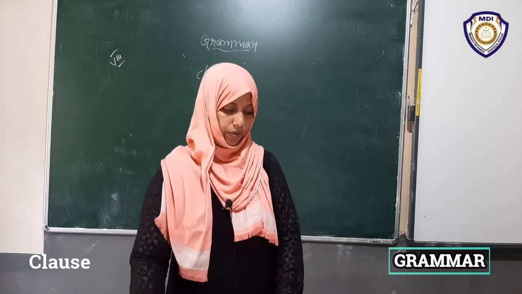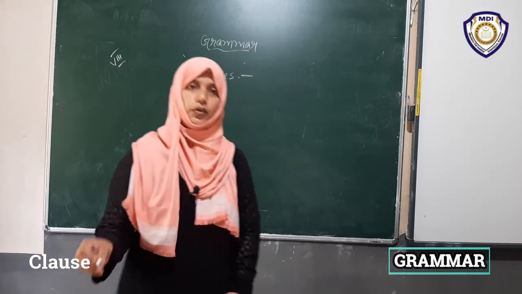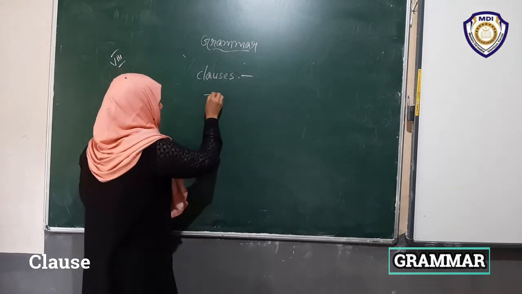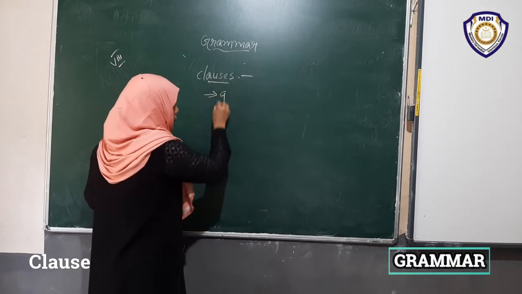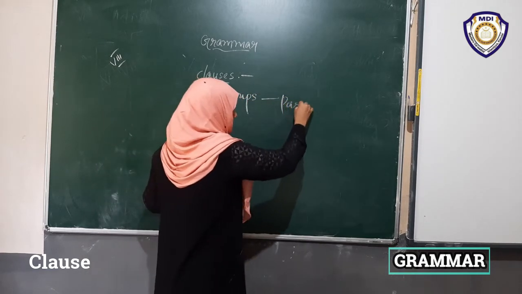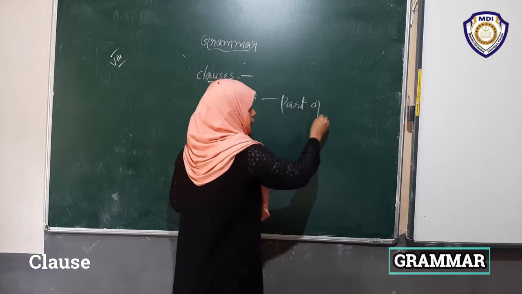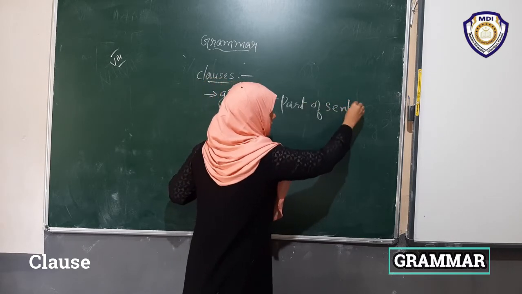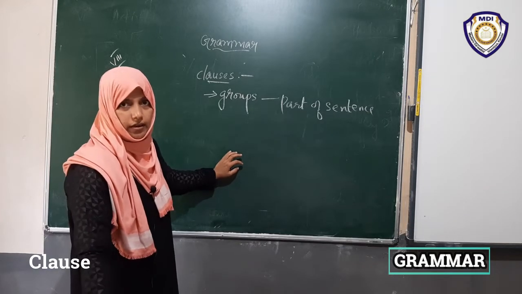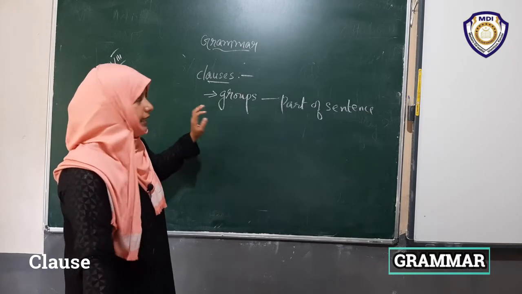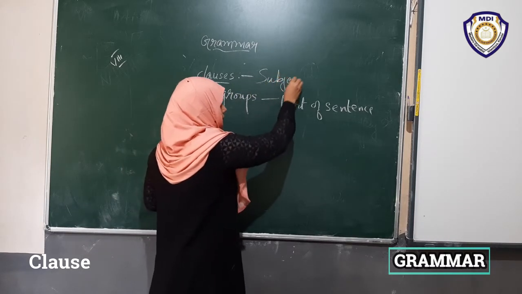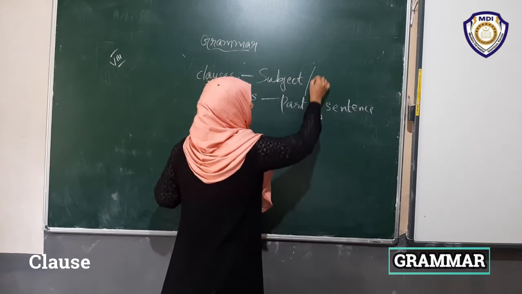Okay, listen all of you. A clause is a group of words that forms a part of a sentence. Clause ennu parayunnathu group of words aanu, part of sentence. Then it should have a subject and predicate.